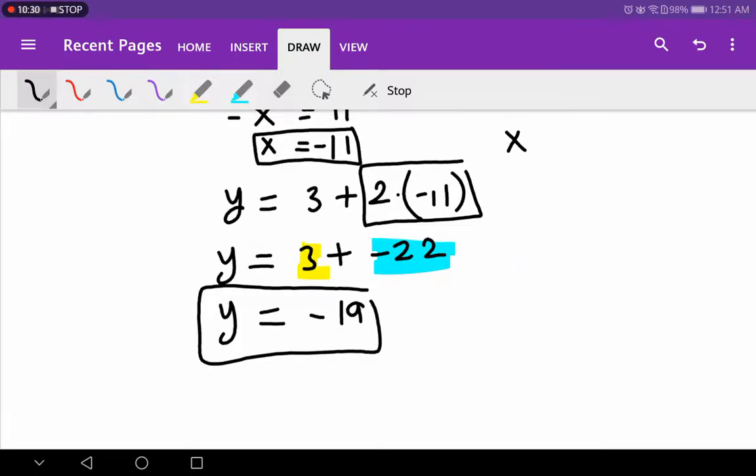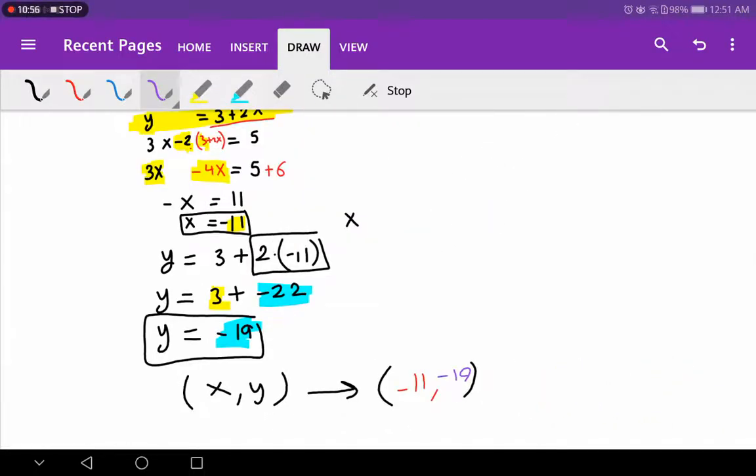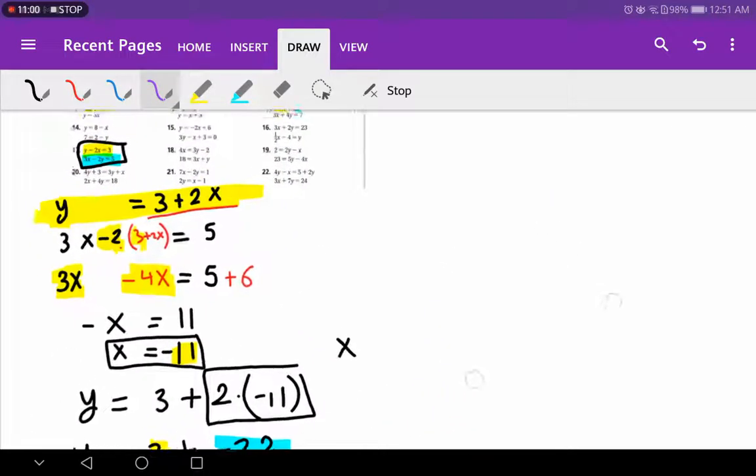Because it is x and y, I will write it like this. What is the x? Bravo. This is x, so this is negative 11. And what is the y? This is the y. It is negative 19. Okay, my dear student. Thank you for watching and see you in the next part.